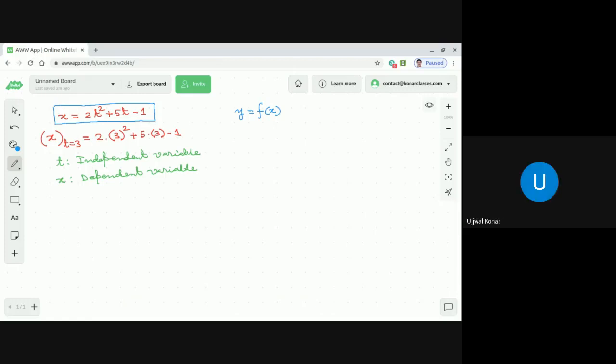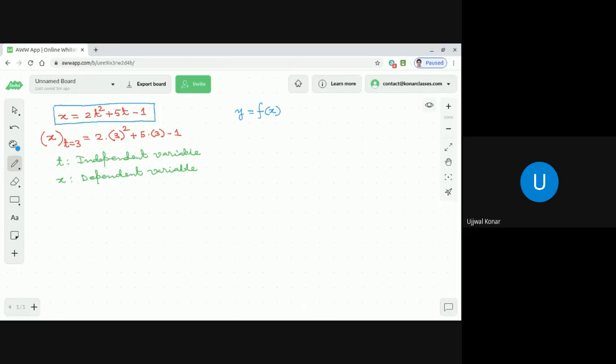No. Can we say whether the velocity is increasing or decreasing? No. The moment this question comes, it is called rate measurement. Why rate measurement? Because as time t is changing, I want to know how x is changing.